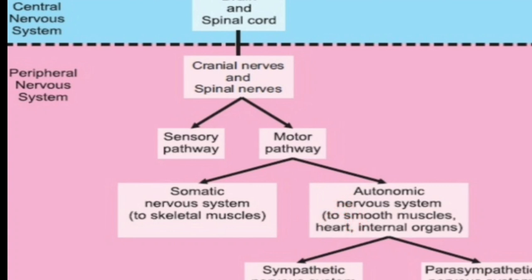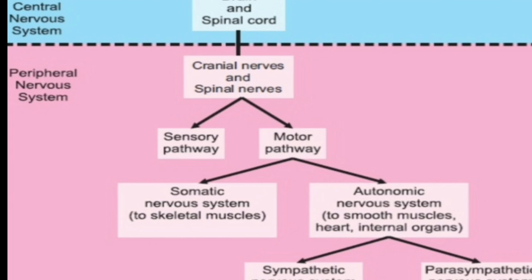Somatic nervous system is under the control of our will, and the effectors are skeletal muscles present on the bones. Autonomic nervous system is not under the control of our will, and involves smooth muscles, cardiac muscles and internal organs which are not controlled by our will.